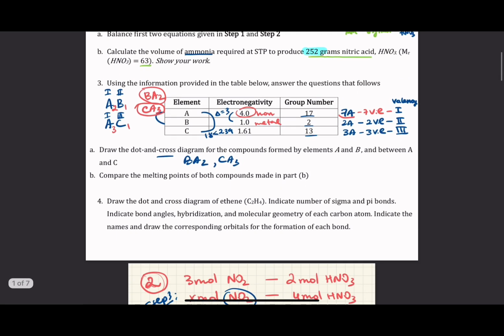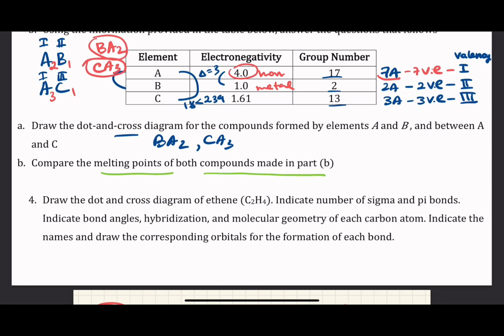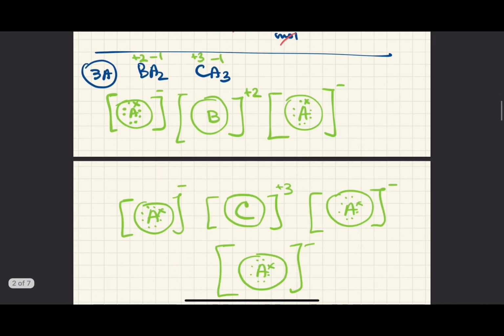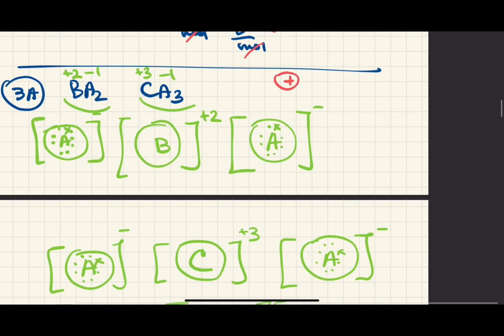Now the next one, it is asking to compare the melting points of both compounds in part B. So we have 2 compounds, BA2 and CA3. Now I'm going to tell you, because of the charge, we know that positive and negative are attracting each other. But when we have a +2 and then we have a -1, for example, they will attract each other even stronger, okay, stronger.